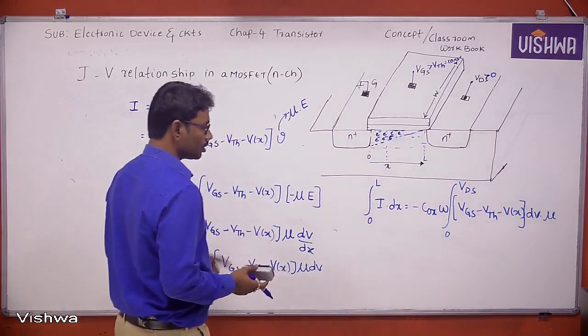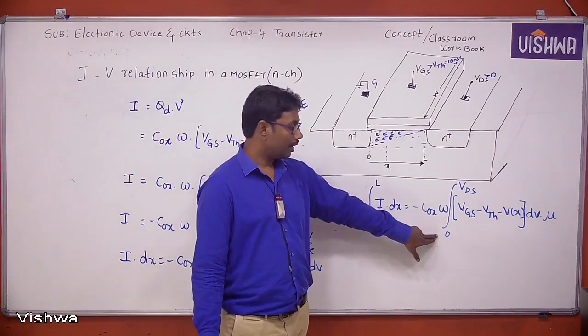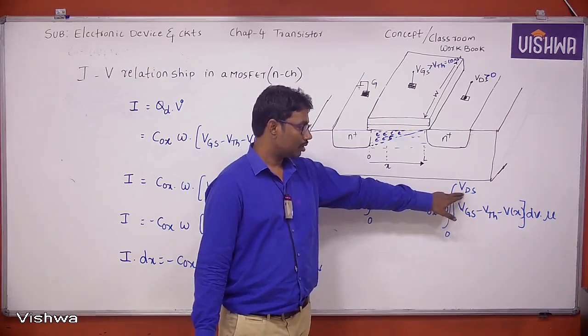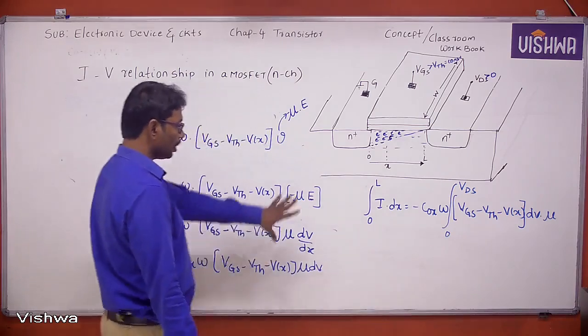At x equal to 0 the voltage is 0, and at x equal to L, V of X is VDS.